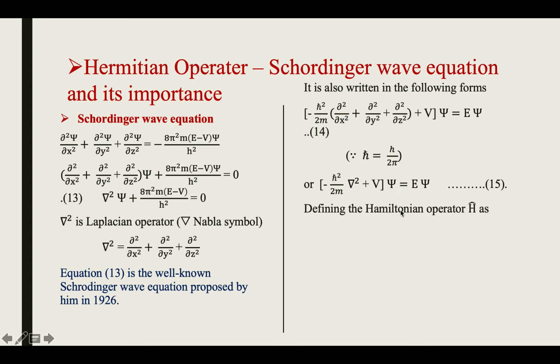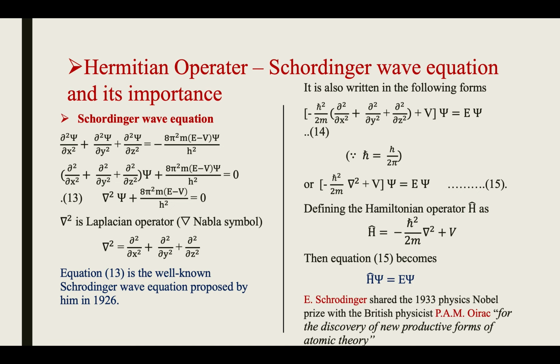Defining the Hamiltonian operator H cap as minus h cross square divided by 2m into the Laplacian operator, plus V, equation 15 becomes H psi equal to E psi. This was given by Edward Schrodinger, and for this he shared the 1933 Physics Nobel Prize with the British physicist P.A.M. Dirac for the discovery of new productive forms of atomic theory.